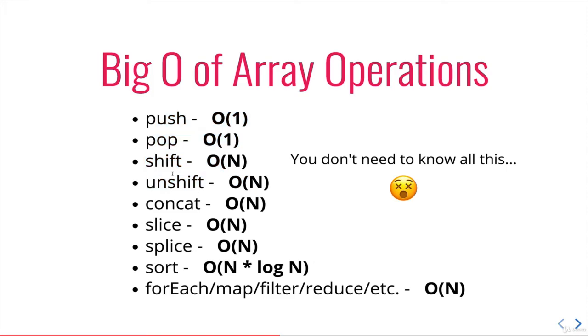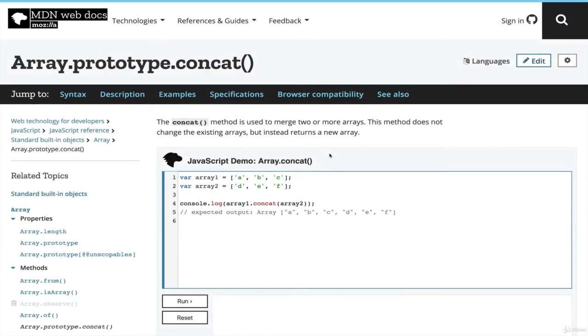So next up, we've got this little chunk of concat, slice, and splice. All of these are O of n, linear time. And there can be some confusion. Something like concat takes multiple arrays and merges them together. And when we say O of n, you might think that just implies one array of n elements, and we're acting on that one array. What happens when there's two?